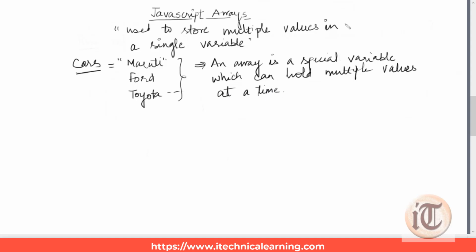As we know, we have studied variables in JavaScript. So an array is also a special kind of variable. Why is it called a special variable? Because it can hold multiple values at the same time.